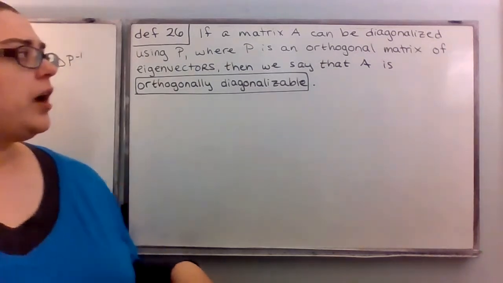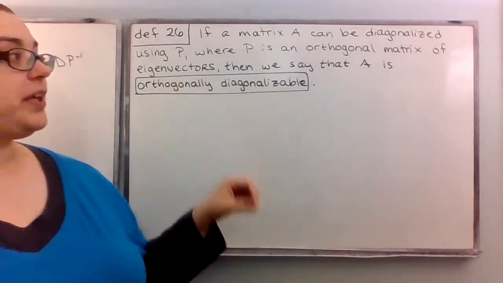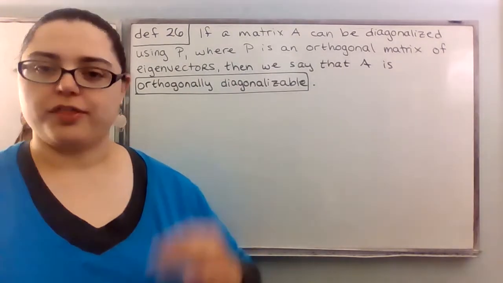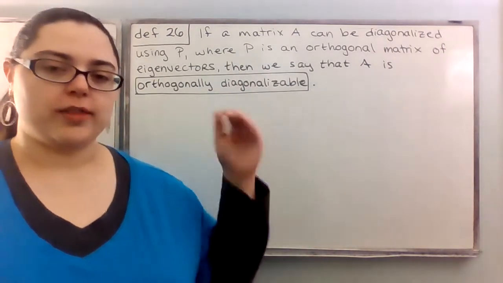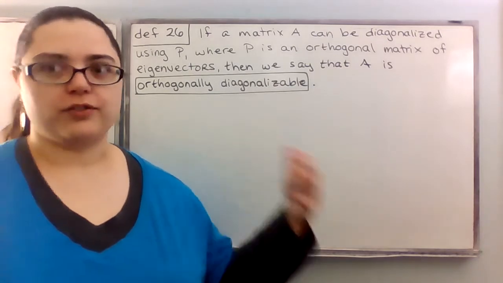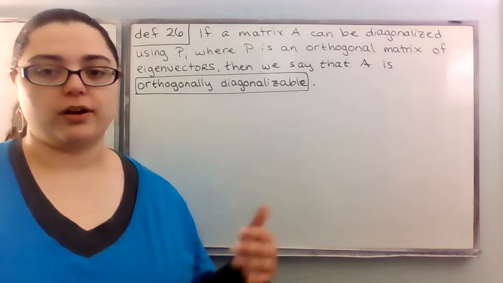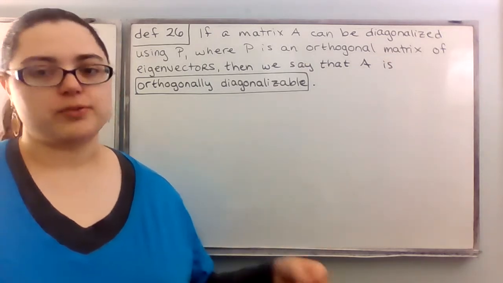Here, we're going to be orthogonally diagonalizable if P is an orthogonal matrix. So remember that to be an orthogonal matrix, you're really like an orthonormal situation where the columns, if you think of those as column vectors, are going to be orthogonal to each other. So their inner product will be 0 and their norm is 1.